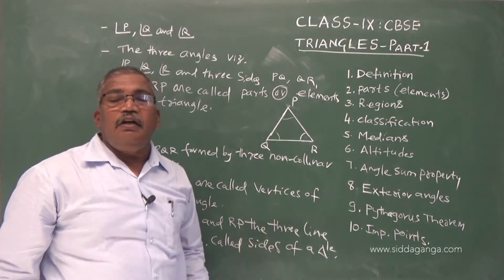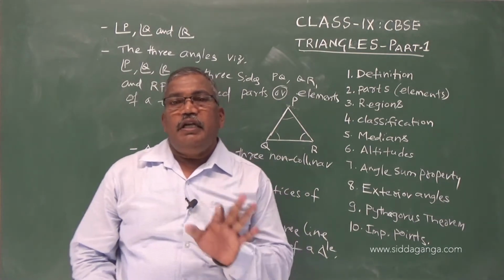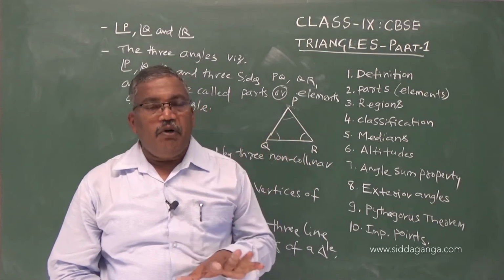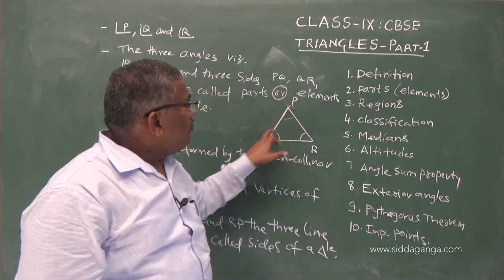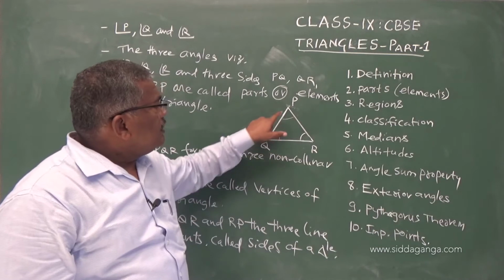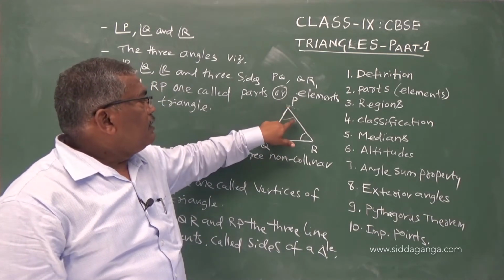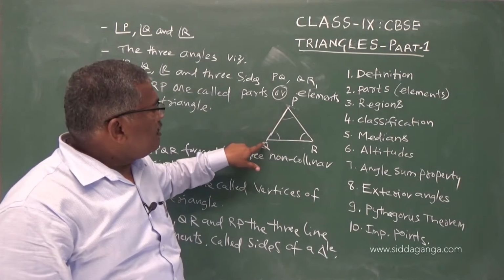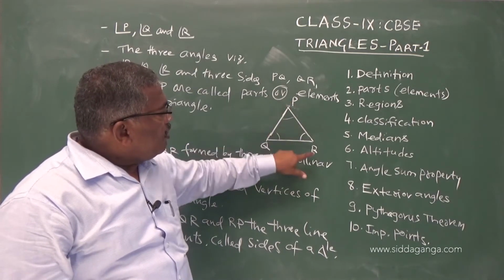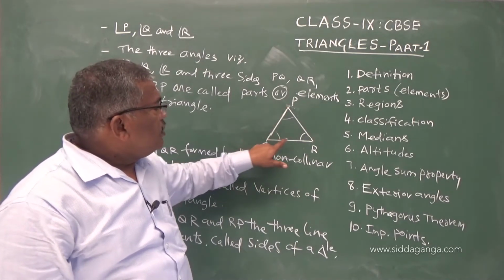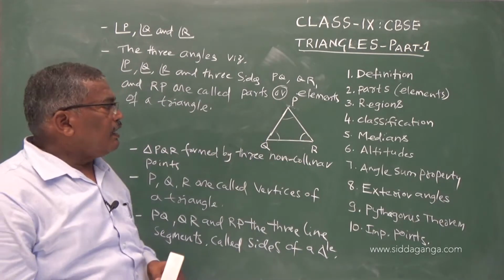So in a triangle, how many elements are there? 6 elements: 3 angles and 3 sides. And P, Q, R are the vertices. They just indicate the point, the tip of the lines joining, or the intersection of PQ and PR is P, the intersection point. They are also called vertices of a triangle.